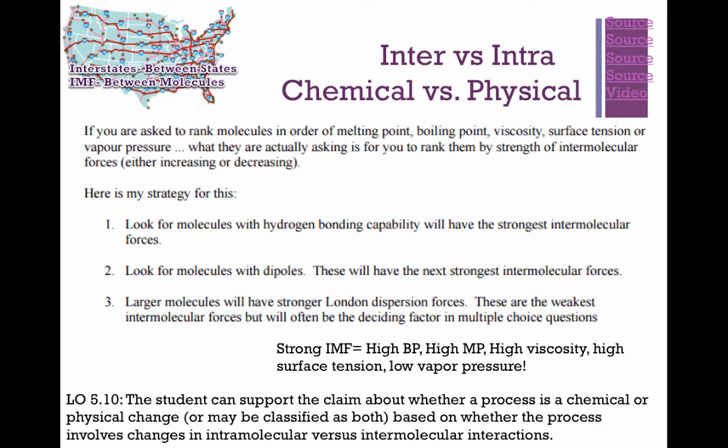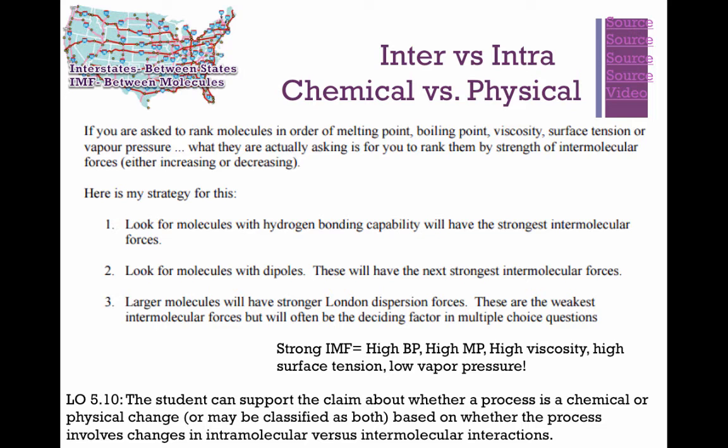So which has more electrons? The top one. C2H6 has more electrons, so these dispersion forces are going to be stronger than CH4, so C2H6 is going to have the higher boiling point compared to CH4. That's what you're going to look at.